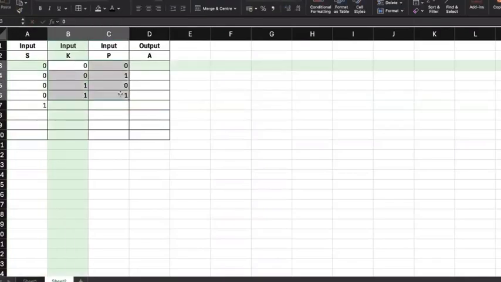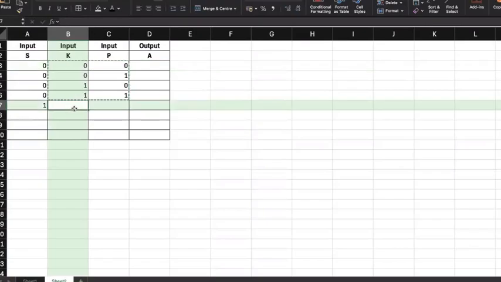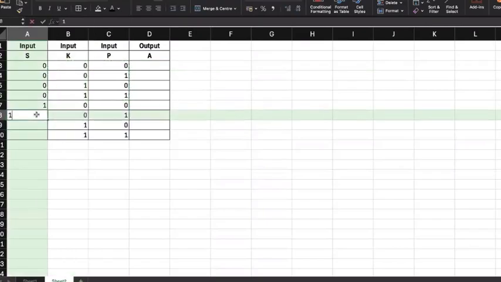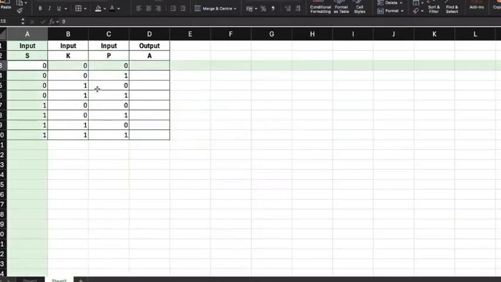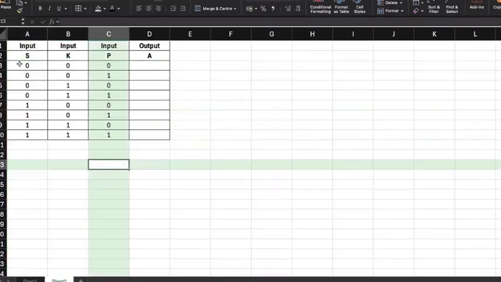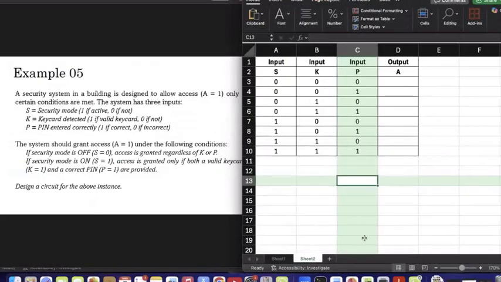Just copy this again. These are going to be 1. It is not a rule that you have to write only this order, but you won't miss anything if you write in this order. That is why it's a good practice to follow this. Okay.